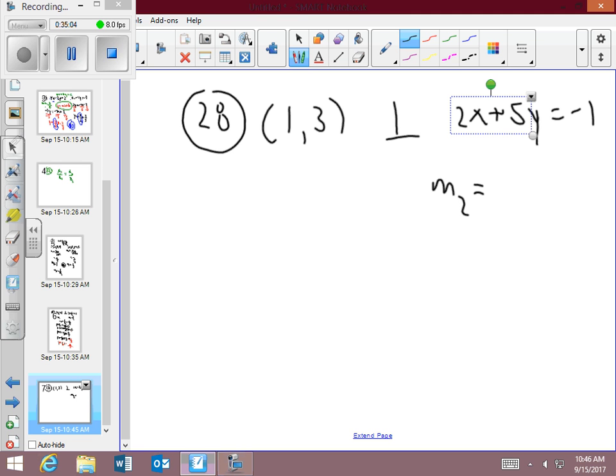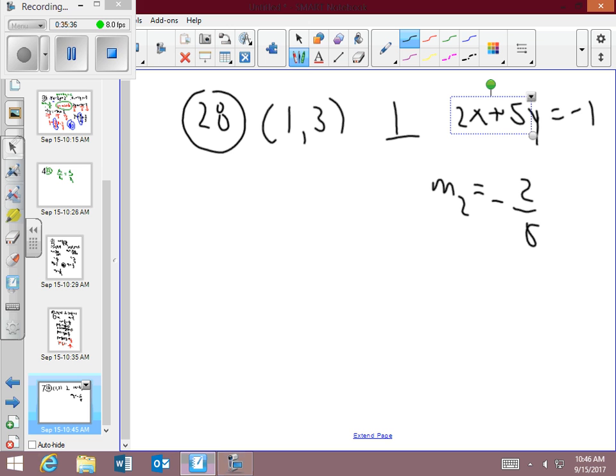The slope of that line is going to be what? 2, negative... Okay, it's going to be the numerical coefficient for the x in the numerator, right? Then the numerical coefficient for y in the denominator with a negative term. Right? It really shortens up the process.